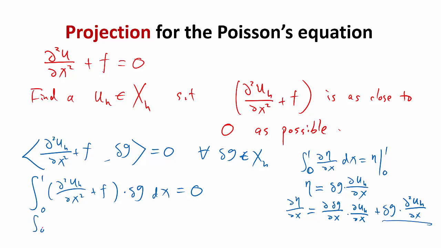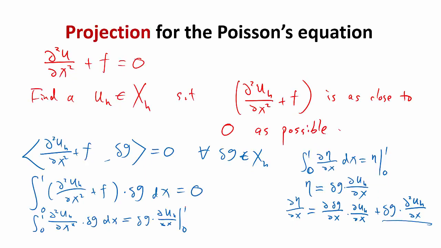Or if I write it over here, the integration from 0 to 1 of partial squared UH partial X squared times delta G is equal to eta at 1 and 0, where eta is delta G times partial UH partial X, minus the integration from 0 to 1 of partial delta G partial X times partial UH partial X dx.